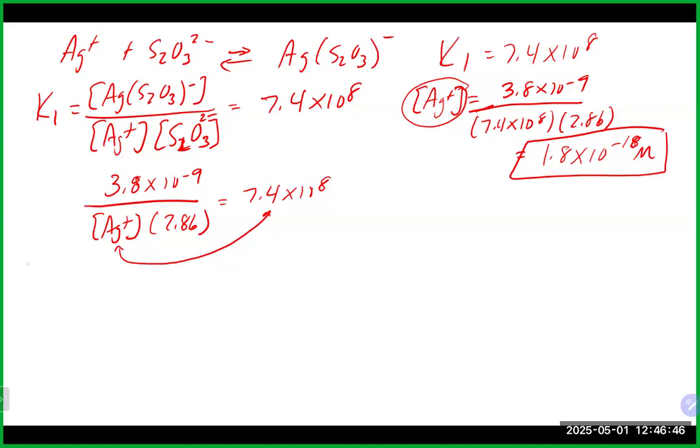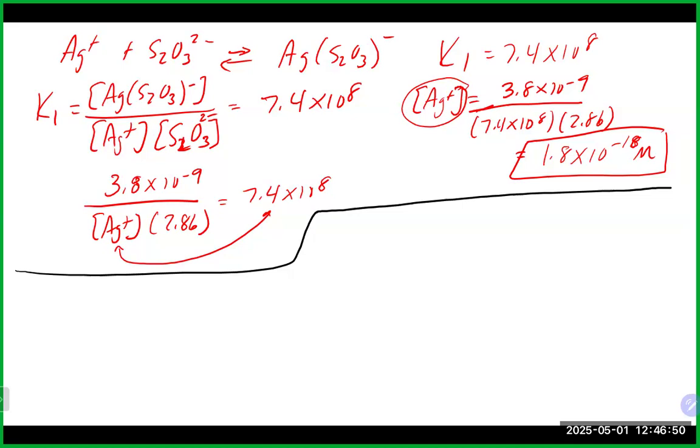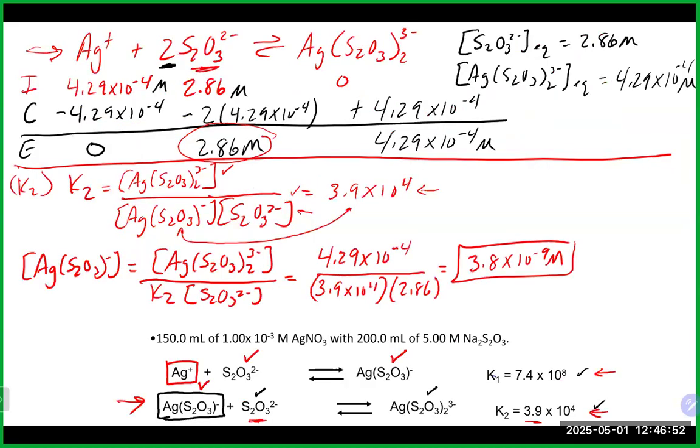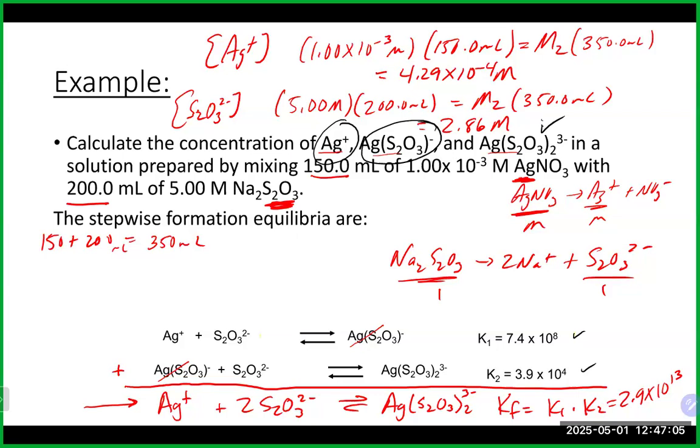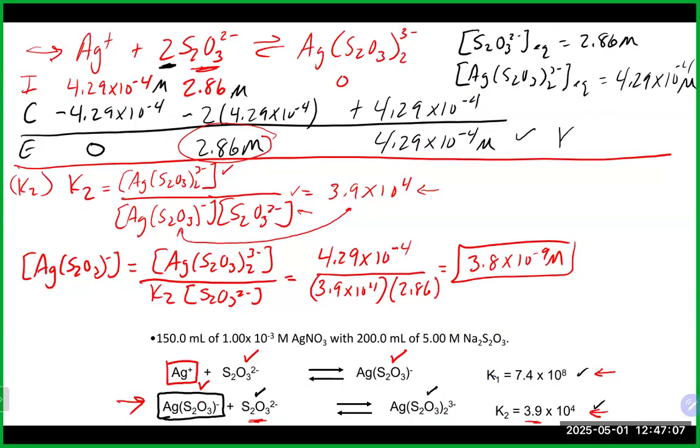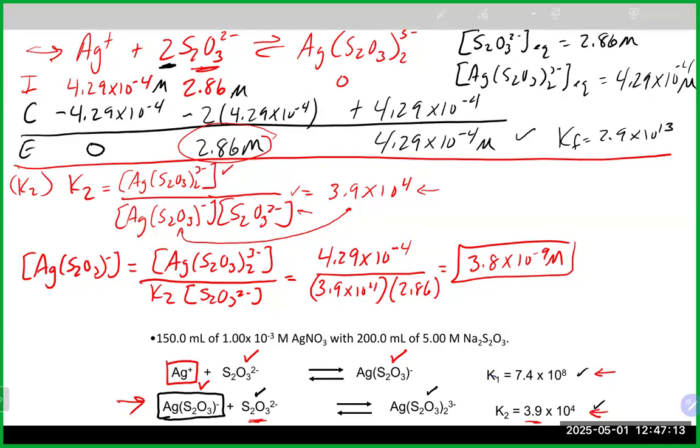Now, just to show you, you could have taken a slightly different approach. After this first ICE table, you could have absolutely done what we did in the first problem, which was go after the silver first. Because we got the K value originally, which was 2.9 times 10 to the 13, you could have done what we did in the first one.